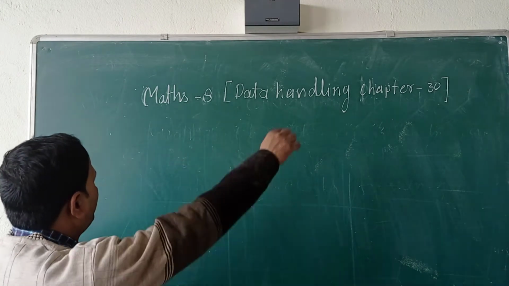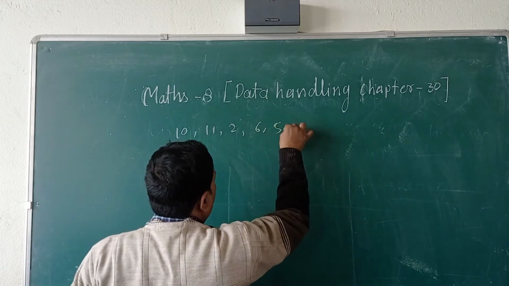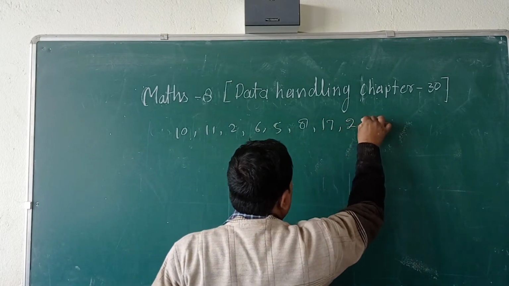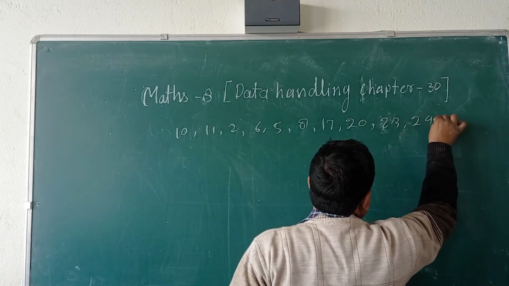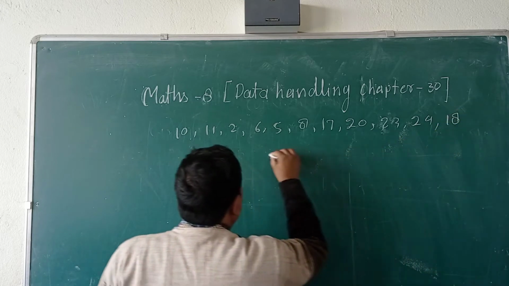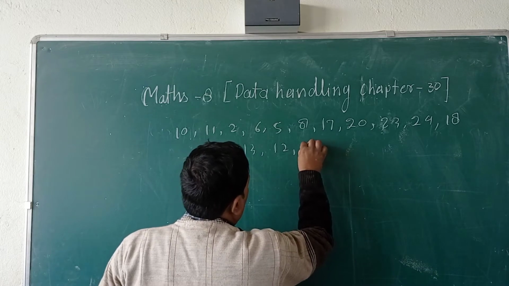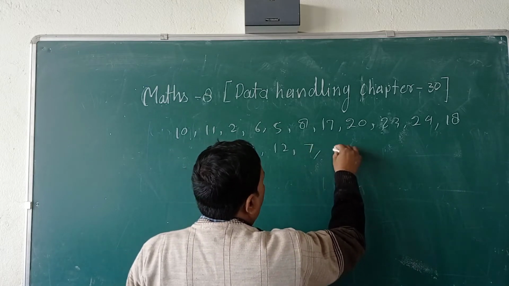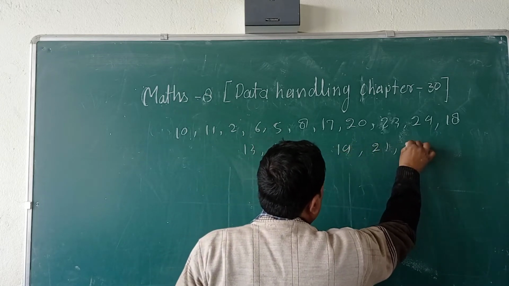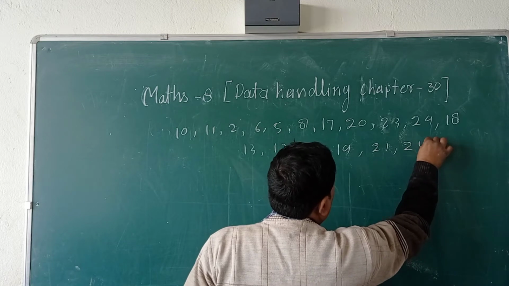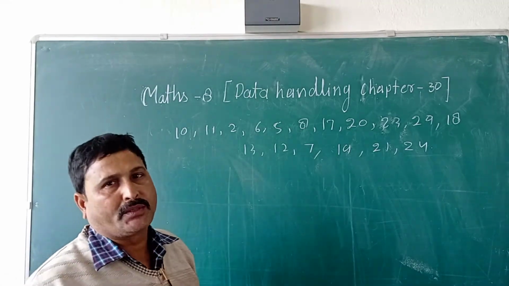Suppose the numbers given are 10, 11, 2, 6, 5, 8, 17, 20, 35, 23, 29, 18, 13, 12, 6, 7, 7, 19, 21, 24. You only have to make a frequency distribution table.